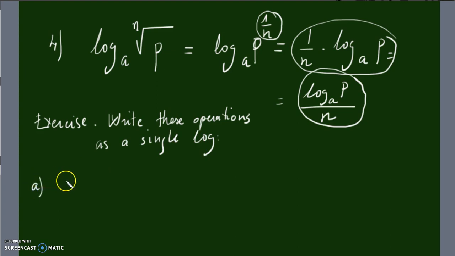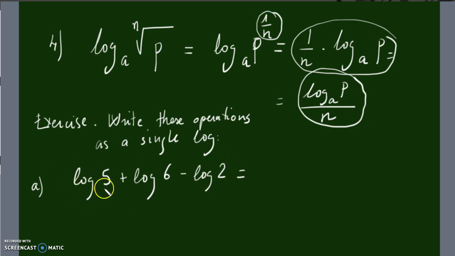So, for example, you have logarithm of 5 plus logarithm of 6 minus logarithm of 2. The goal of this exercise is not to calculate the logarithms, because the bases are 10, so these numbers are not going to be exact, so we would have to use the calculator. But the goal of this exercise is to write this as a single logarithm.